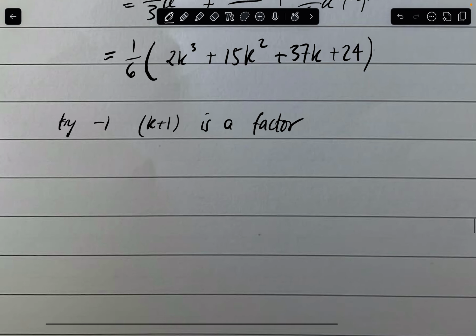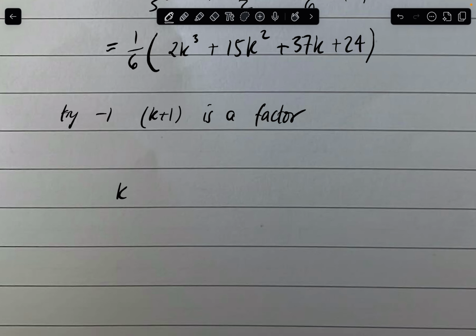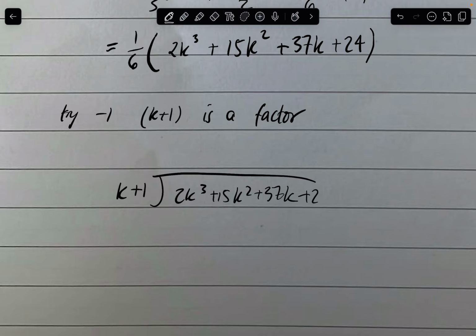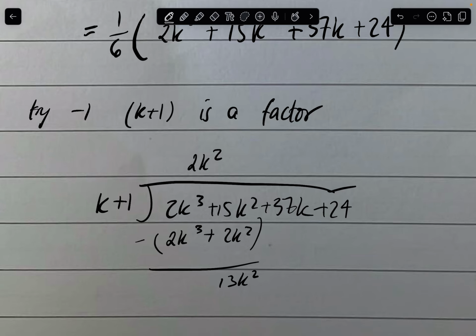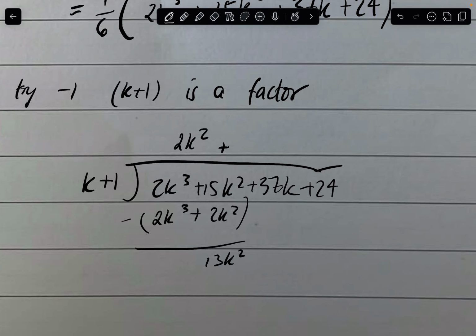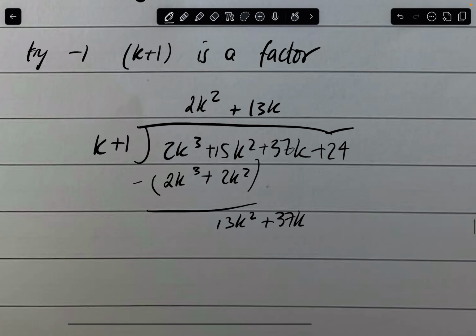So if we do long division, k plus 1 into 2k cubed plus 15k squared plus 37k plus 24, you'll have 2k squared, and then you'll have 2k cubed plus 2k squared. Subtract, you'll have 13k squared. And then you multiply, and you get plus 13k, which is 13k squared plus 13k.